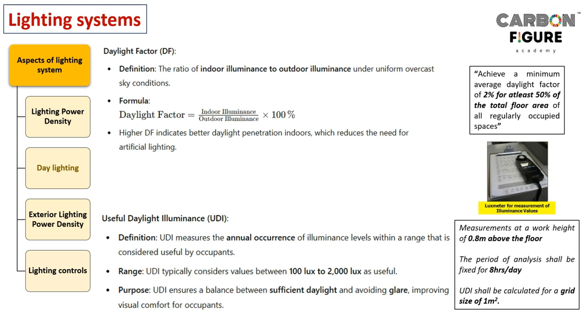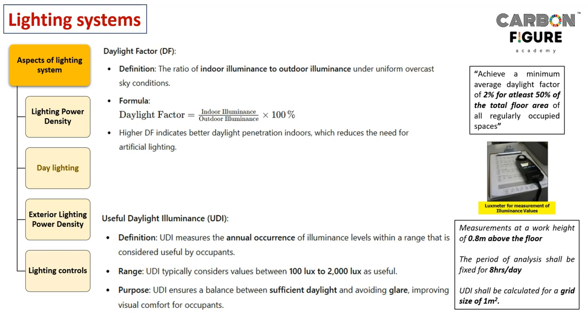Measurements are taken at a work height of 0.8 meter above the floor, because that is where the tabletops are. That is the height where people normally do their work in office spaces, right? The period of analysis shall be fixed at 8 hours per day. UDI shall be calculated for a grid size of 1 meter square.